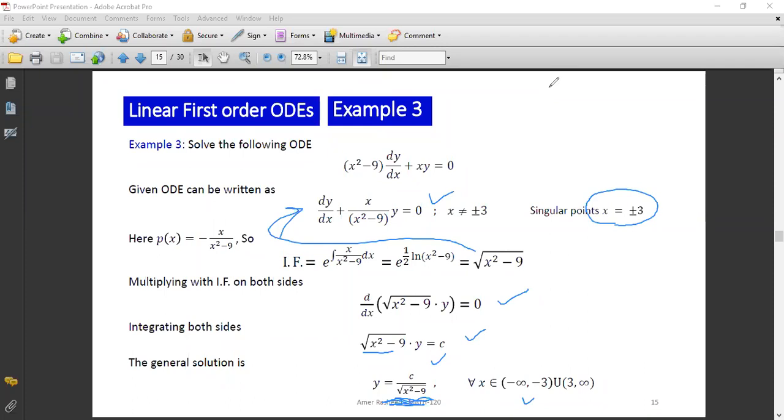If these are the singular points, then we can divide the set of real numbers into 3 intervals, which is minus infinity to minus 3, union minus 3 to 3, and then union 3 to infinity. So the solution is not valid on the middle interval because the solution becomes undefined.